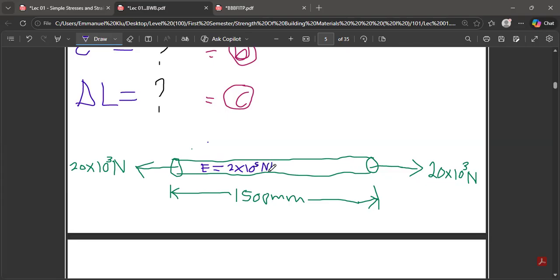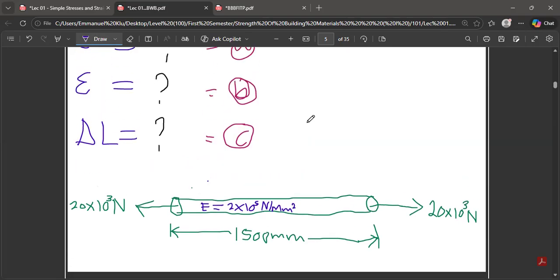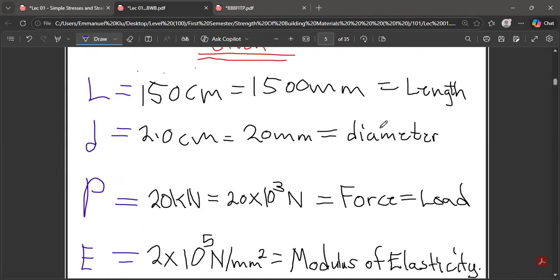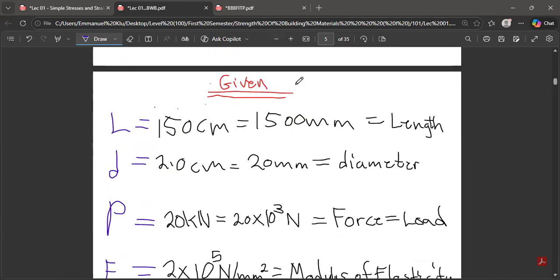Newton per millimeter squared. There may be a high possibility that I may not send you the video. Something may happen. So if you fail to write, and I don't send you the video, you lose important information. That is why I urge each and everybody to take a pen and paper and write down important points.